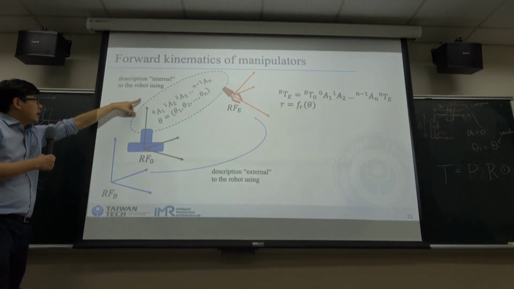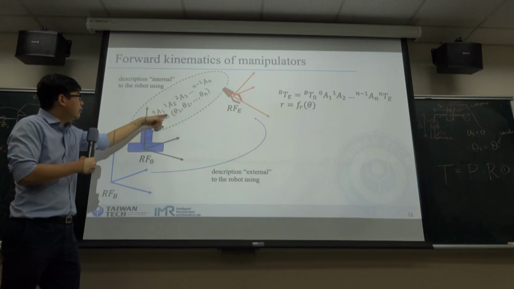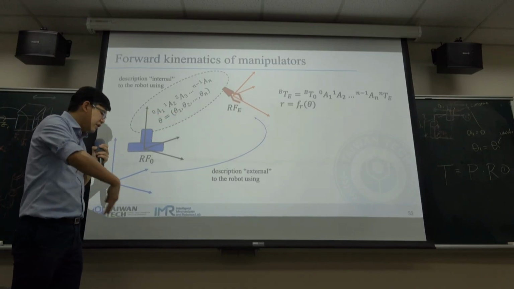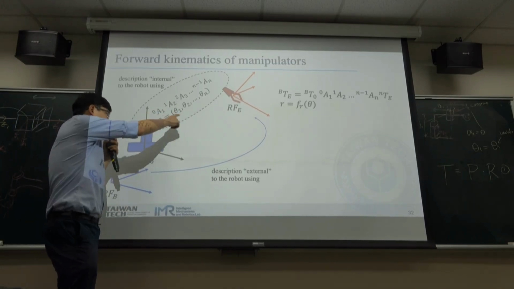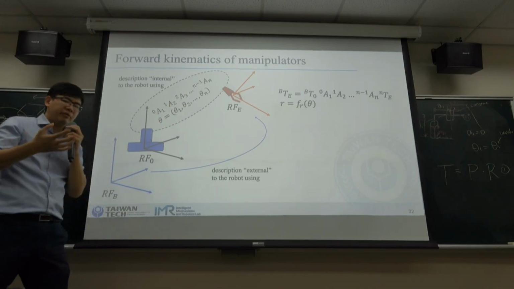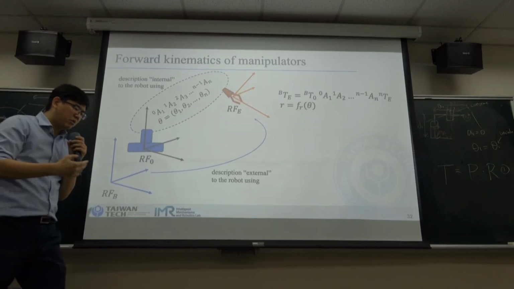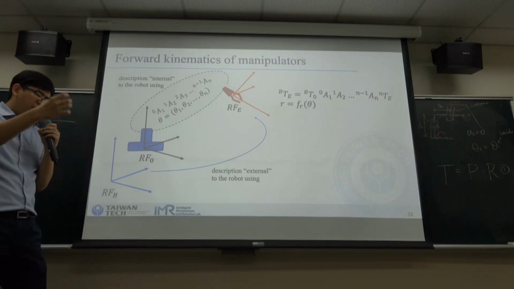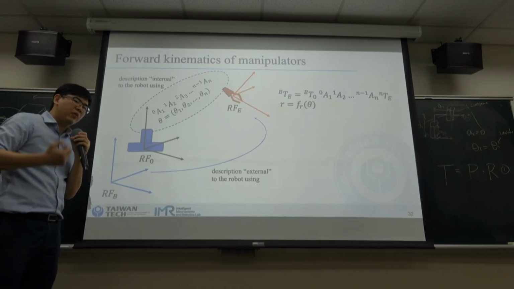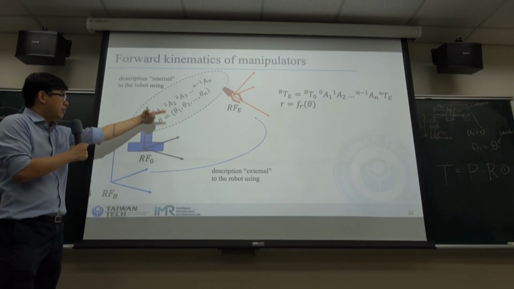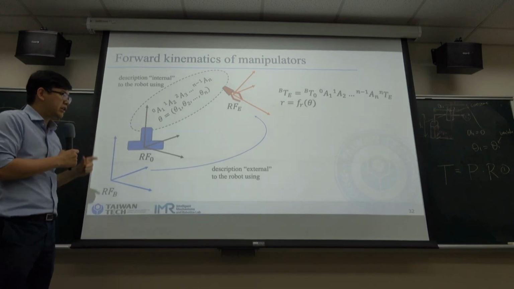So this is the description inside the robot. Inside the robot, it is using the data, because inside the robots we only know all the values of the motors, the degrees.